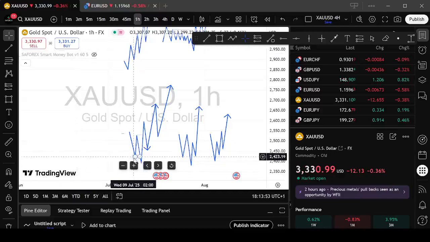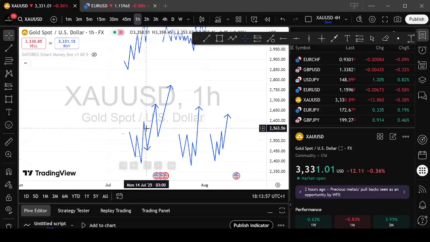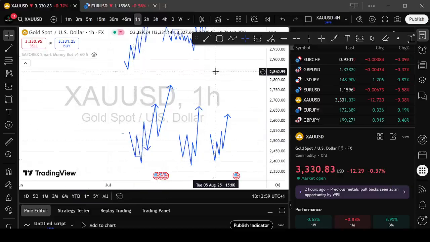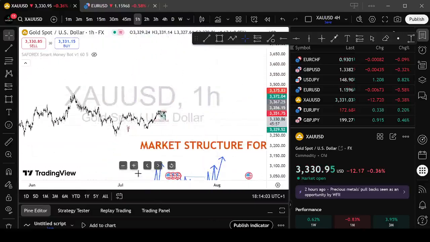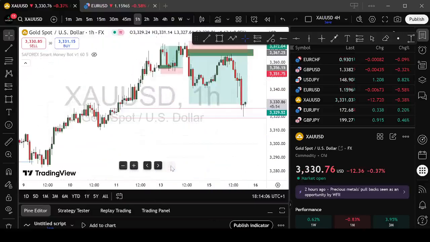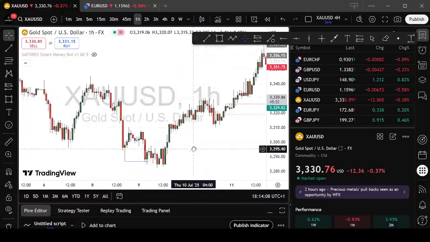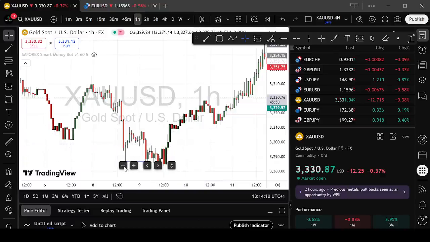So you see now, the market swept out the low and broke the major high. So let's go back to our chart and you see, a sweep of liquidity.